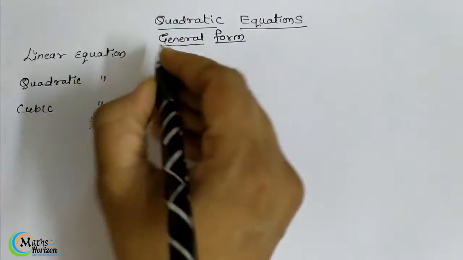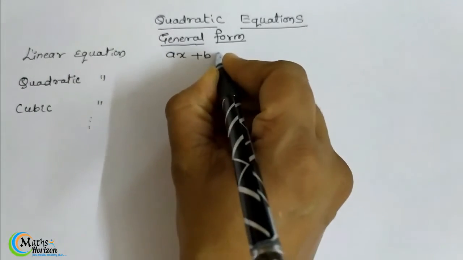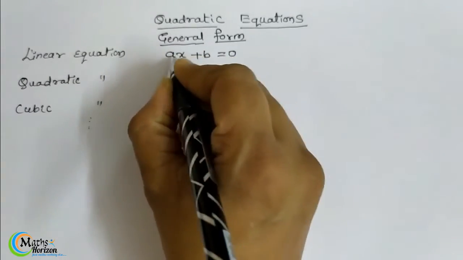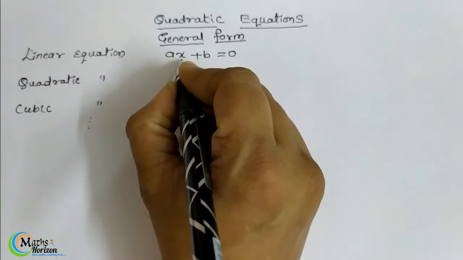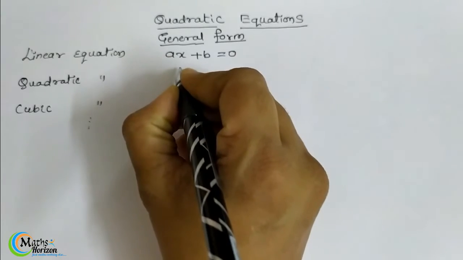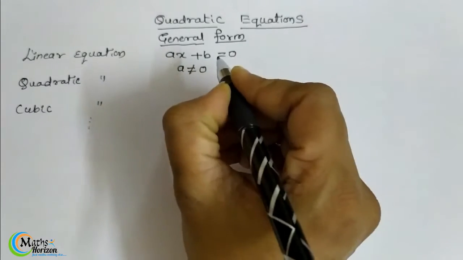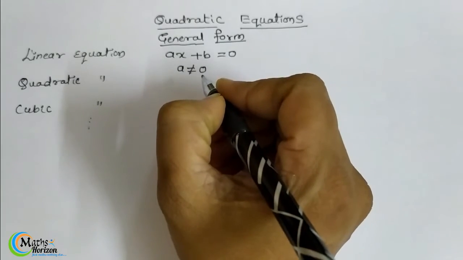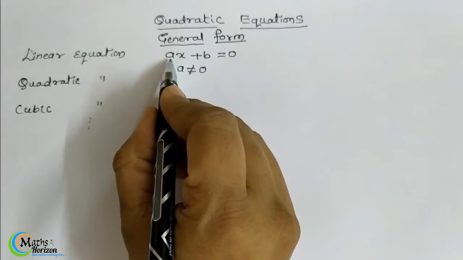So linear equations are the equations of the form ax plus b is equal to 0. Here a and b are any integers and x is a variable. For a linear equation, a must not be equal to 0. That means the coefficient of x should not be equal to 0.